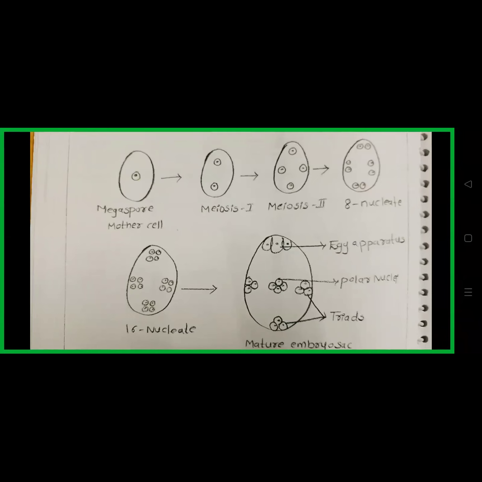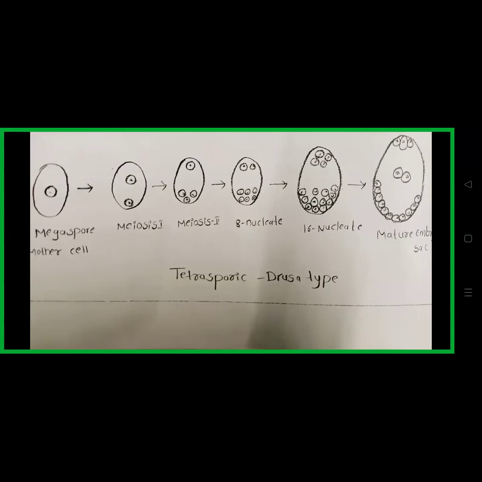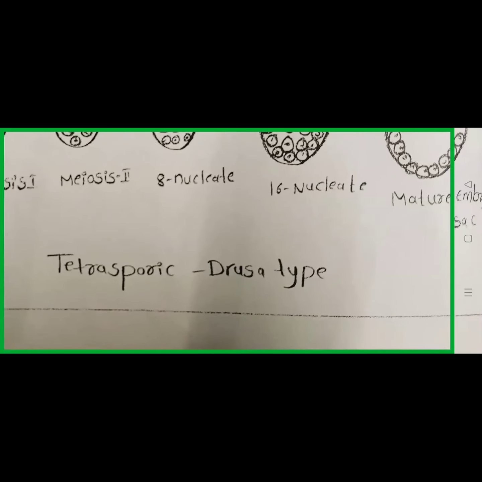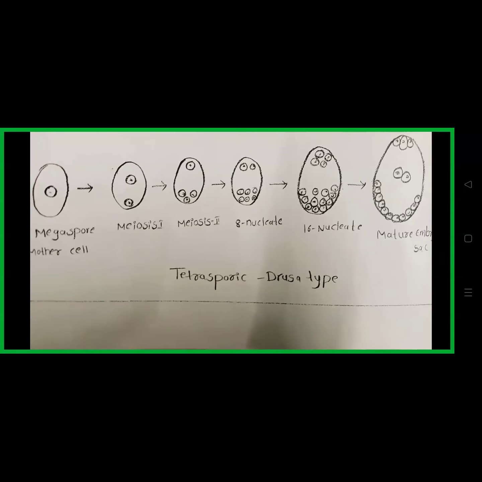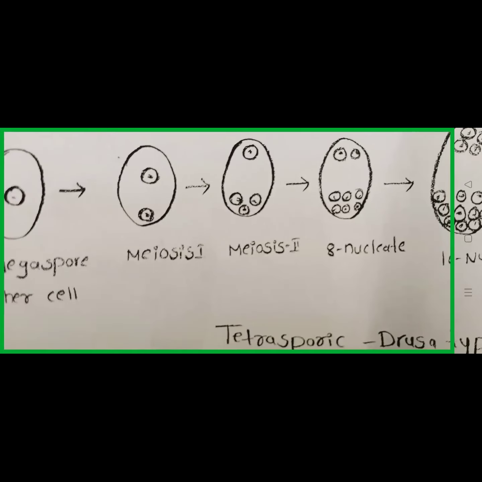Okay, so next we are going to discuss the Drusa type. See here, the Drusa type. Third one, same 16 nuclei, but in this type of embryo sac, the 4 megaspore nuclei show a 1+3 arrangement. After meiosis 1 and meiosis 2, 4 haploid megaspores are formed, but the arrangement is different.